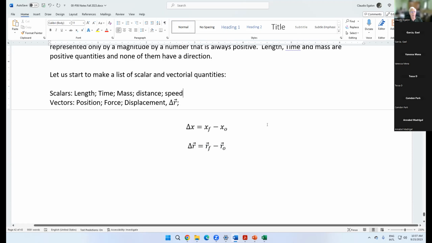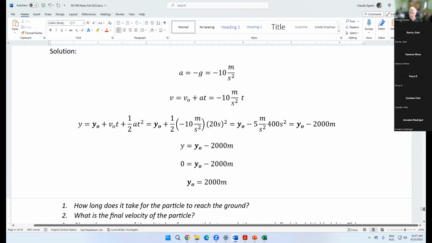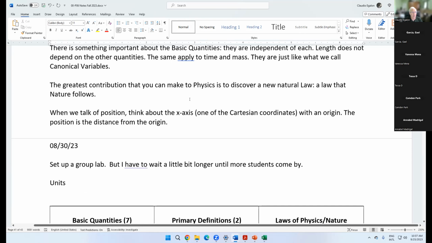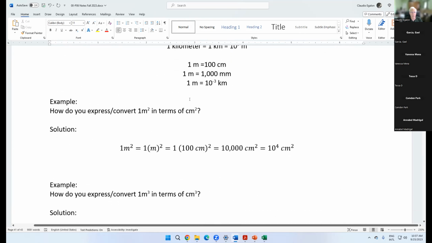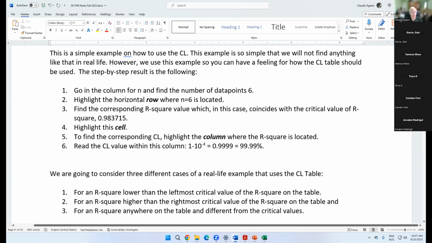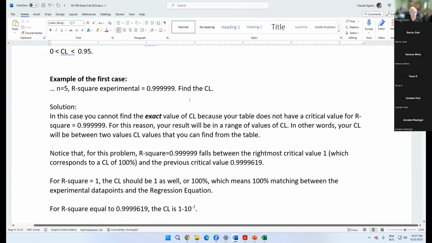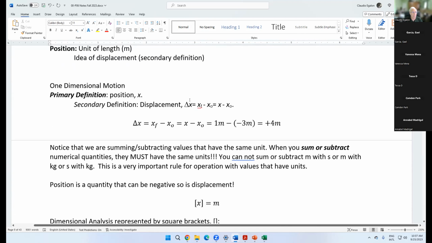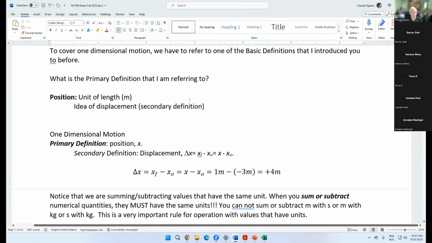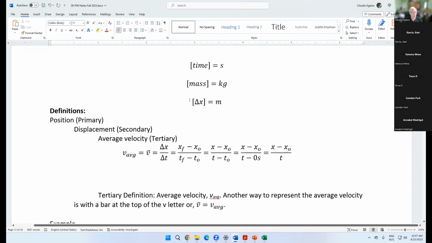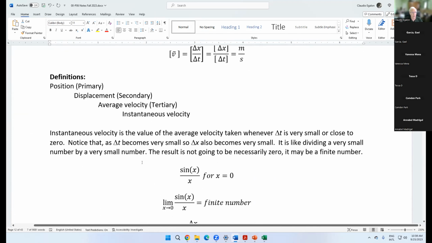Which other definitions did we come up with? Let's take a look at the definitions we came up with in kinematics. I was making a list: primary definitions, secondary definitions, and so on.